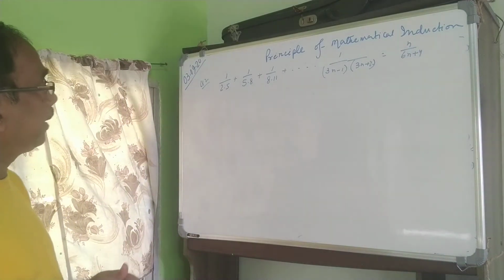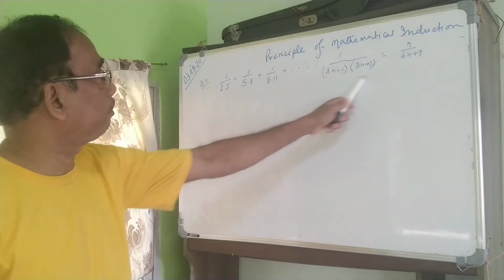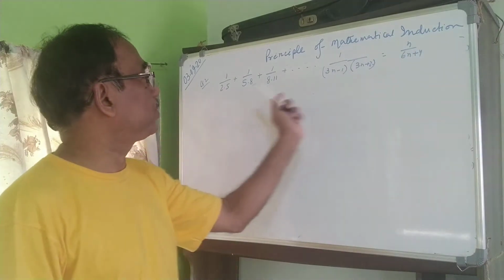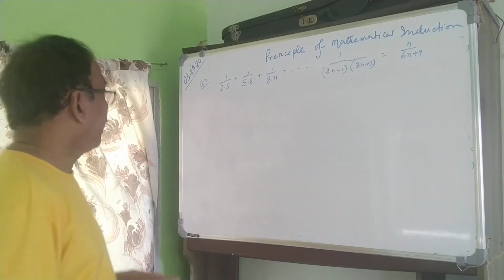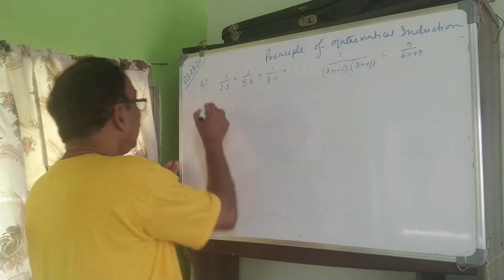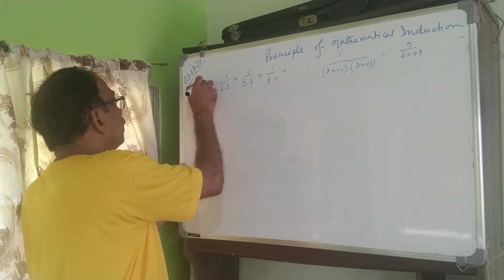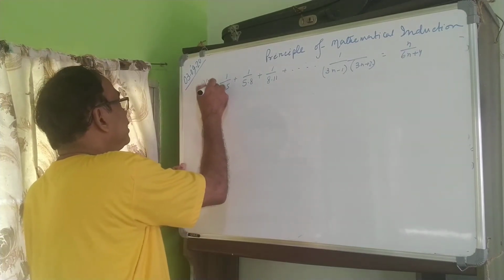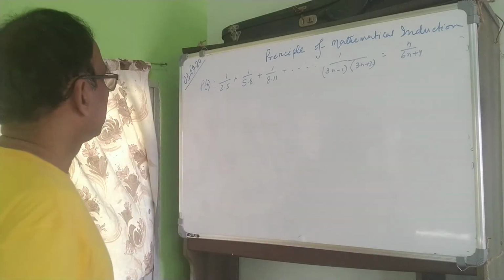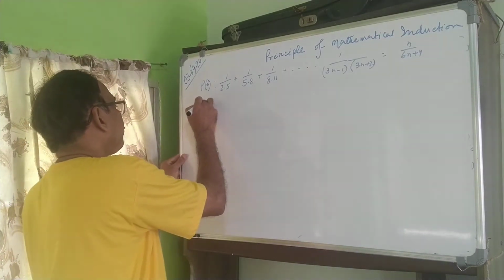By mathematical induction, we have to prove the sum of this series is this. Just like the previous sum, let P(n) be the statement. P(n) is this. Put n equals 1.